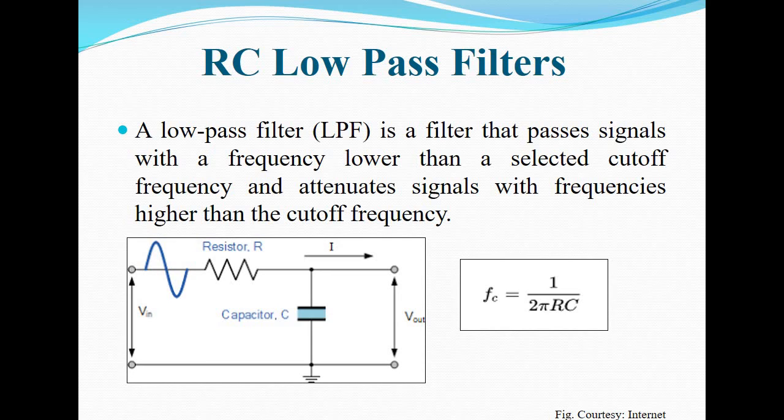In case of an ideal filter, all frequencies of the pass band will pass without suffering any attenuation, while all remaining frequencies of the attenuation band will be suppressed completely. So these are the various types of bands that we are going to see in filters.